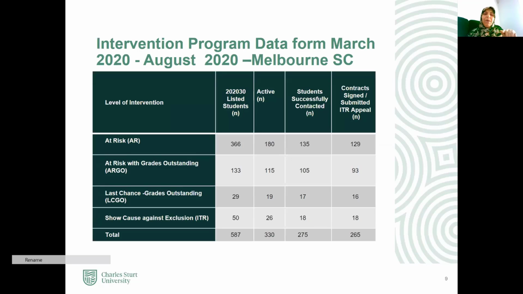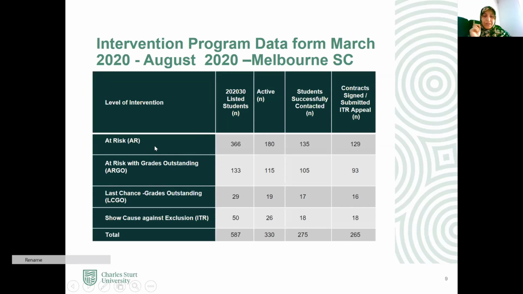So this is my last slide. Thank you, Mariam, for telling me. I'm providing the intervention program data. Those students who failed their studies, we classify them as at risk.